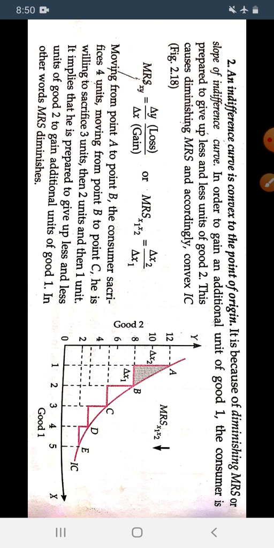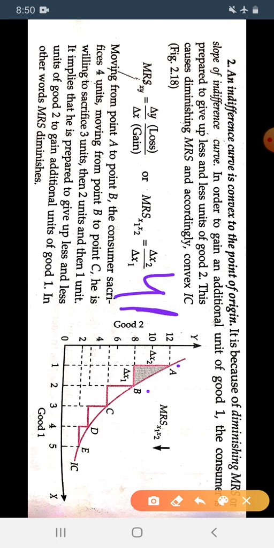Moving from point A to point B, see in the diagram, the consumer sacrifices 4 units, from 12 to 8.